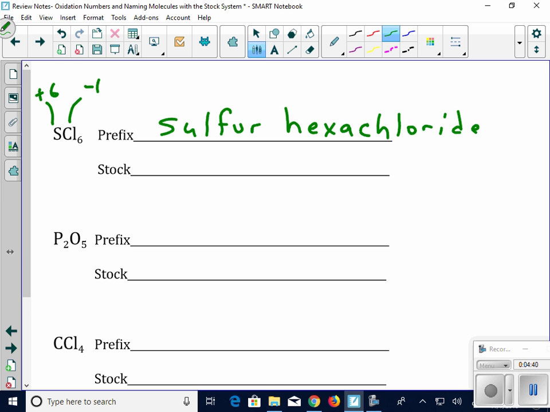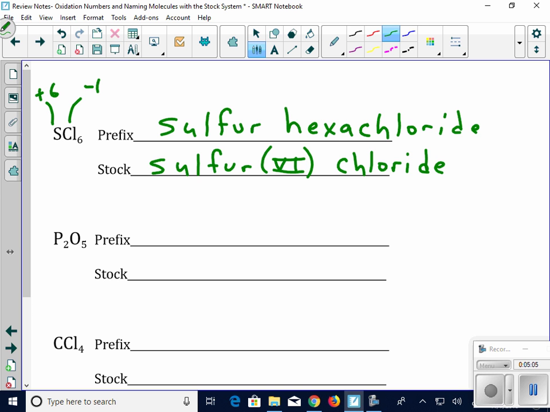So as I write my stock system, I just simply write sulfur 6, which is VI, and then the last is just going to be the IDE ending. So it's chloride.